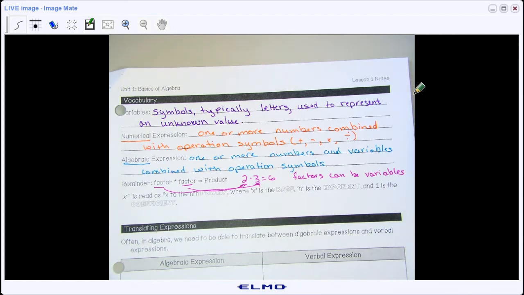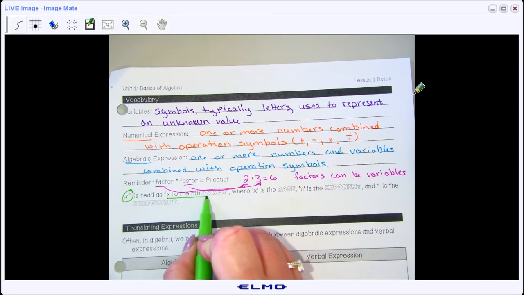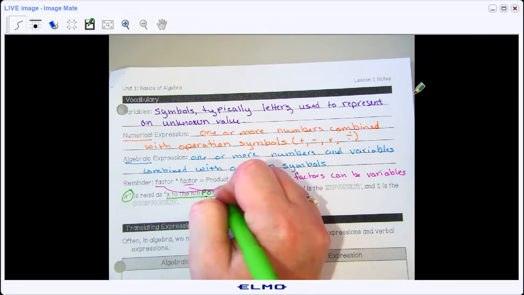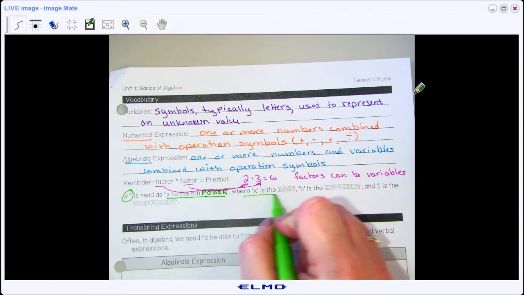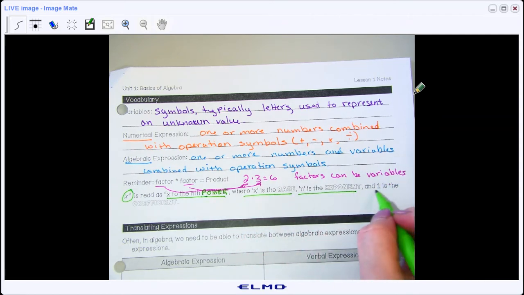And then down here with our exponents, this is read as x to the nth power. Our powers consist of bases. So in that example, x is your base, n is your exponent, and the invisible 1 is your coefficient. So that's not just x to the nth power.